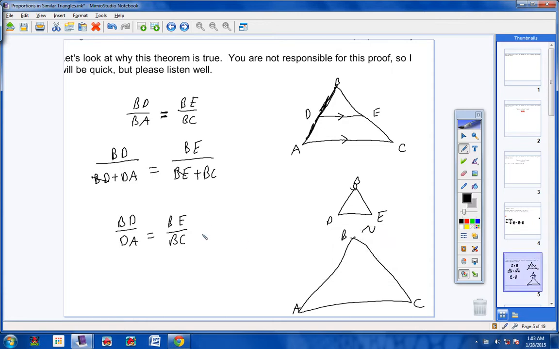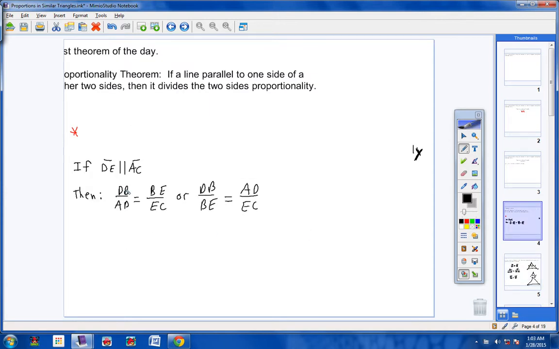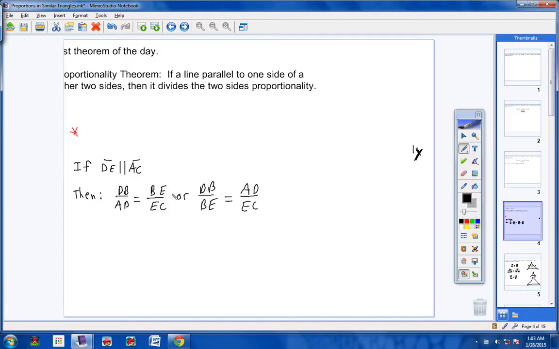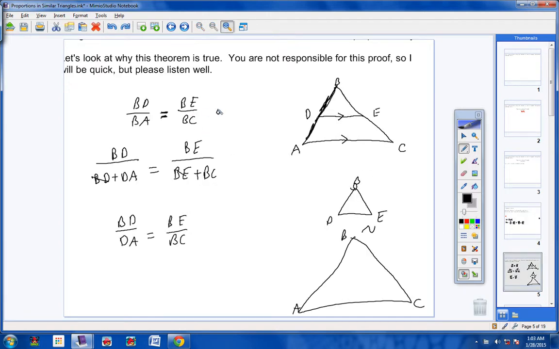Now students, we're almost done. Look what I have. I have BD over DA. Let's go back here. BD over DA, BE over BC. BE over EC. I'm so close. Okay, but hold it. Let's come back over here. We learned this already, that when you have two ratios like a proportion, you can swap your means or your extremes, okay?